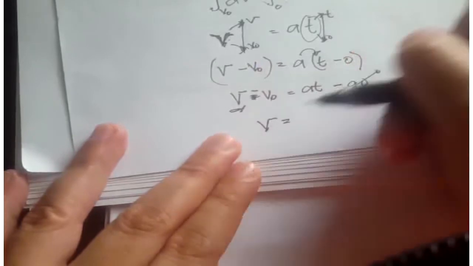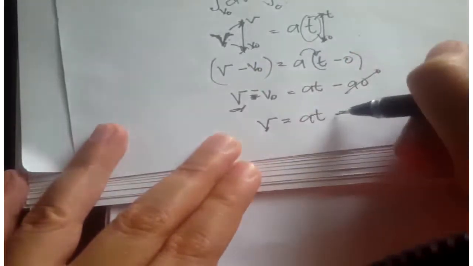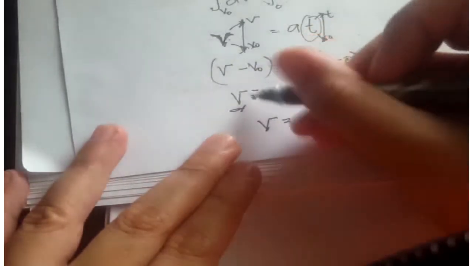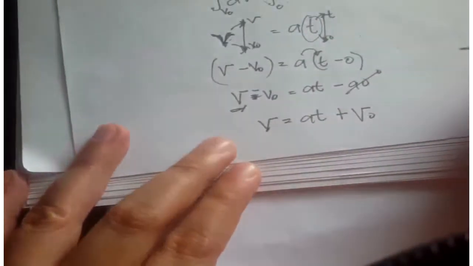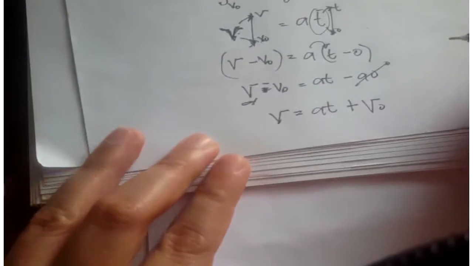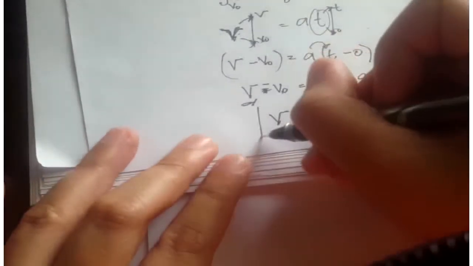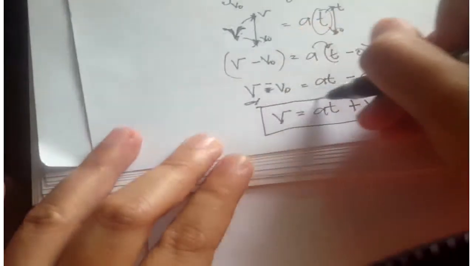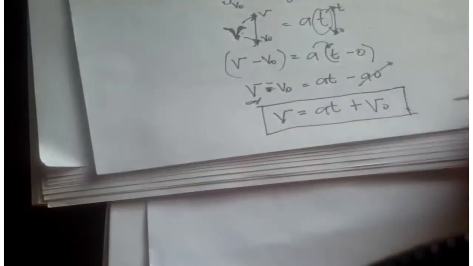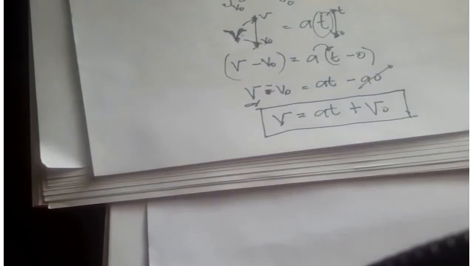So v is equal to at plus v sub 0, since we move this negative v sub 0 to the right side. So therefore this is now our final formula to find the velocity as a function of time. We have v is equal to at plus v sub 0.